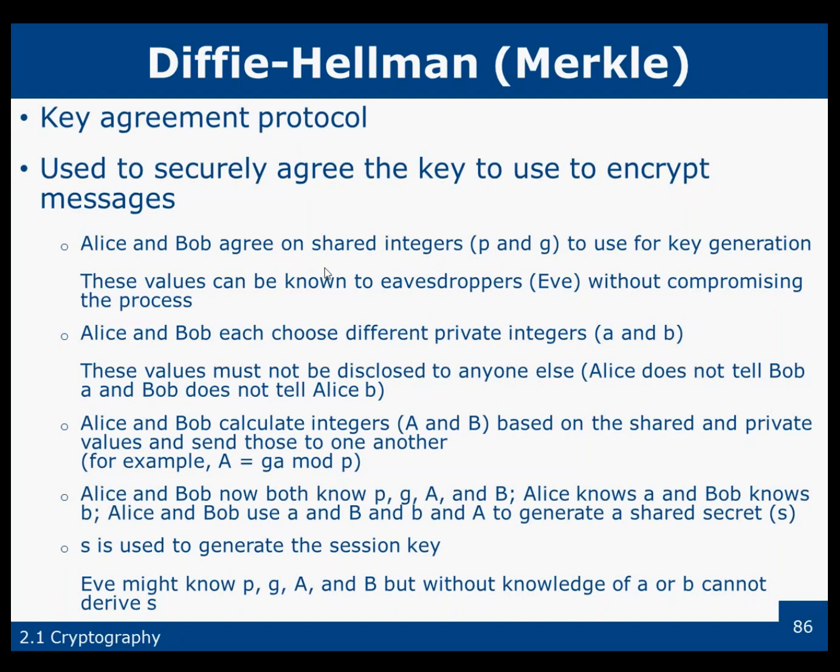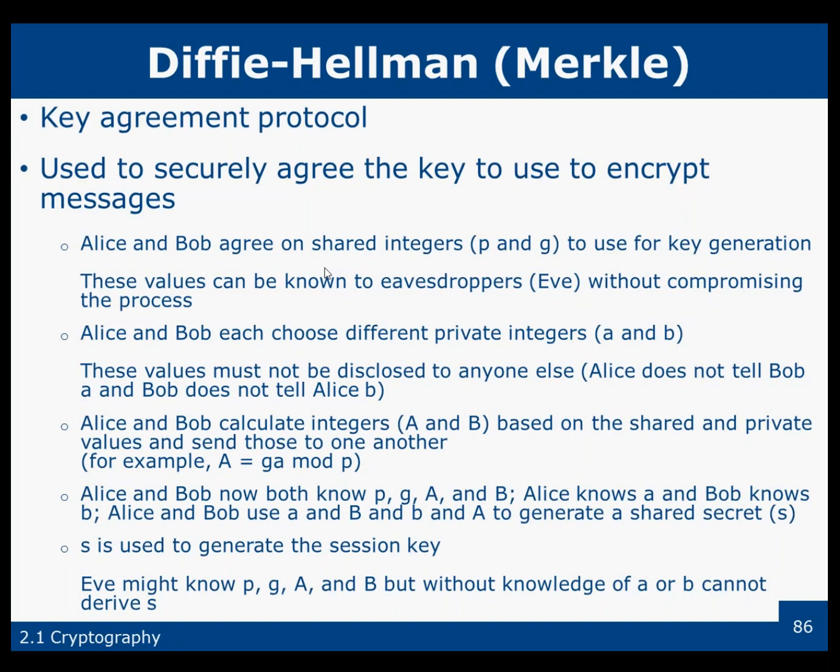So Bob and Alice agree on shared integers P and G to use in the key generation. These values can be known to eavesdroppers like Eve without compromising this process. They then choose different private integers A and B, and these values must not be disclosed to anyone else.